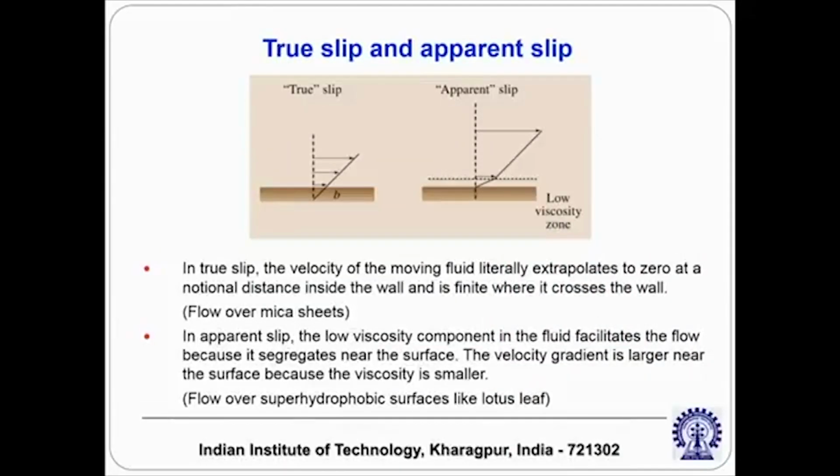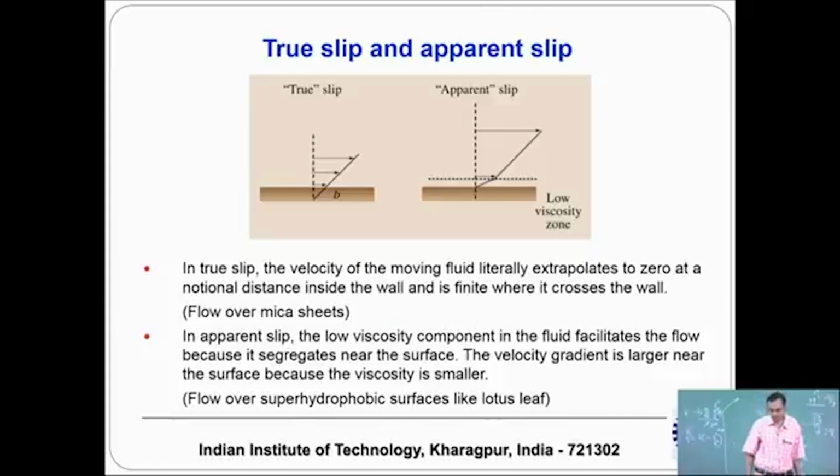So why it will slip is described in this very simple model, where you will see that at the wall there can be a small, thin layer of nanobubbles or a thin layer of rarefied gas.